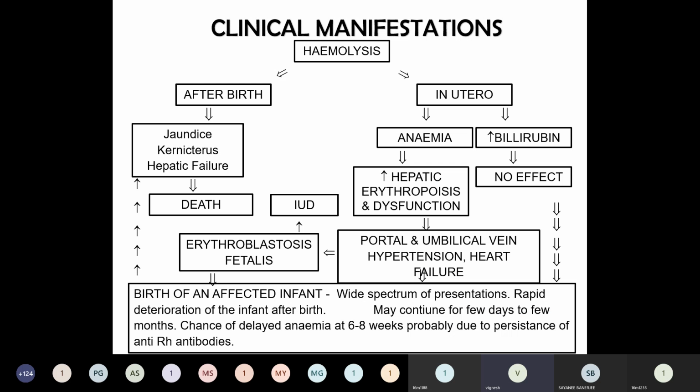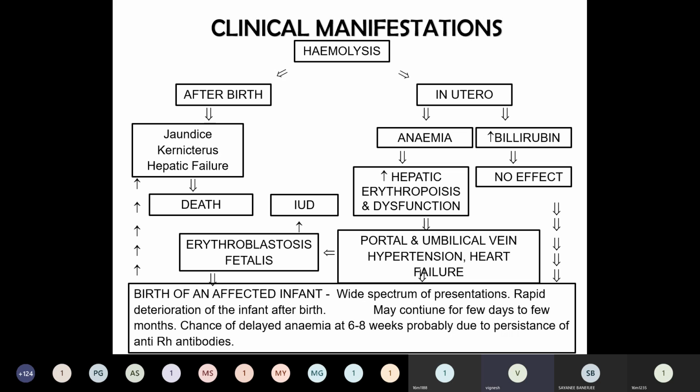So the clinical manifestation in the flow chart I've explained here: the hemolysis which occurs in utero can produce anemia with increased bilirubin, that is hyperbilirubinemia. This anemia can produce increased hepatic erythropoiesis and dysfunction, resulting in portal and umbilical vein hypertension and heart failure.